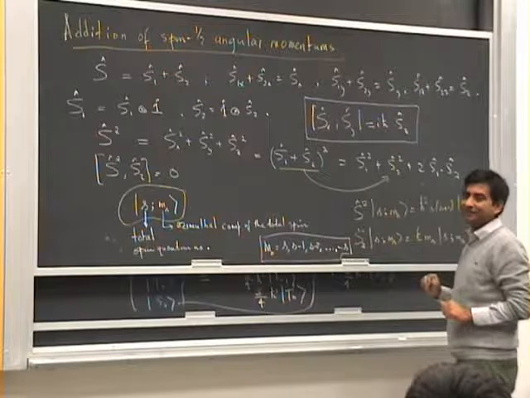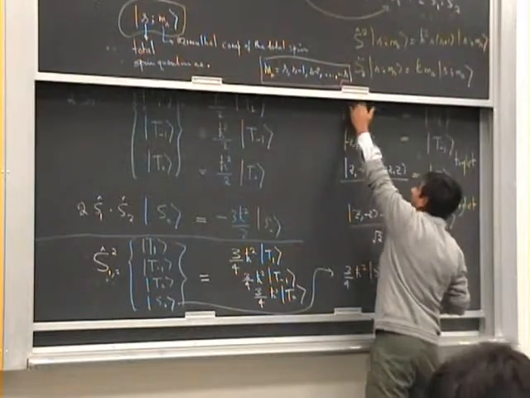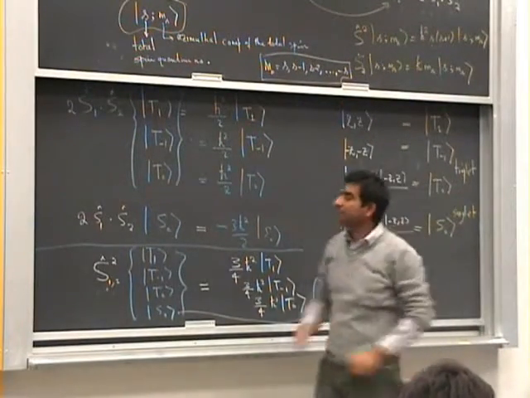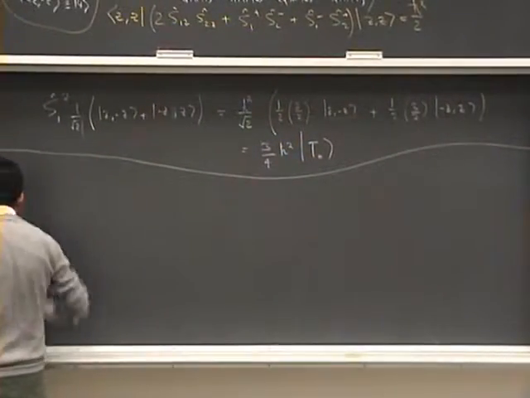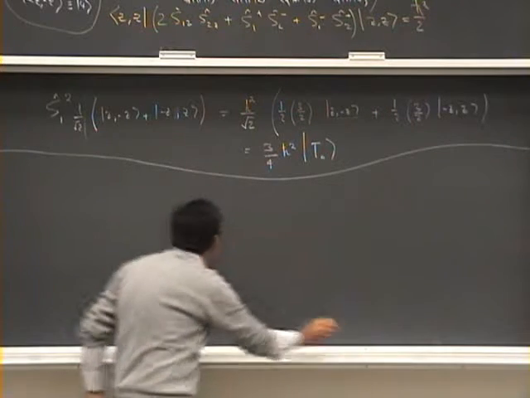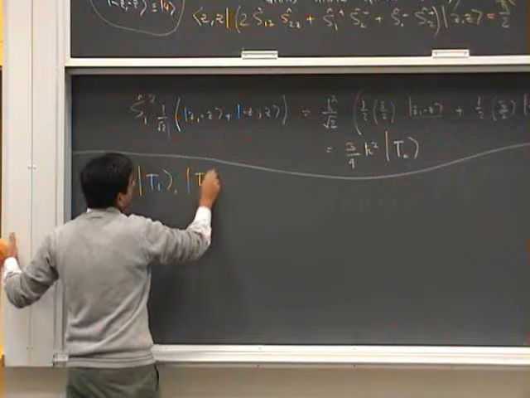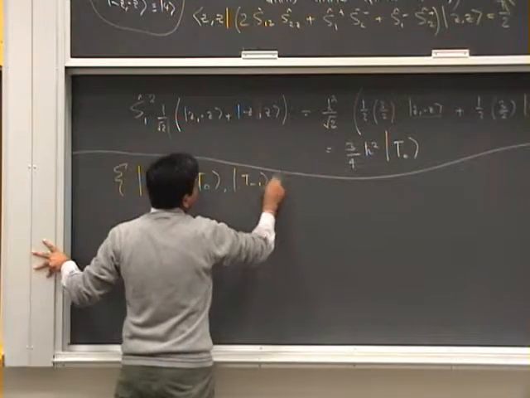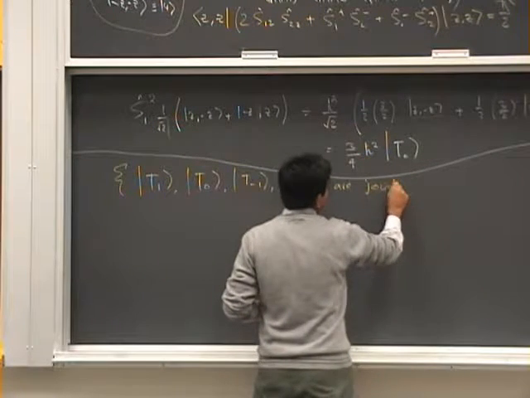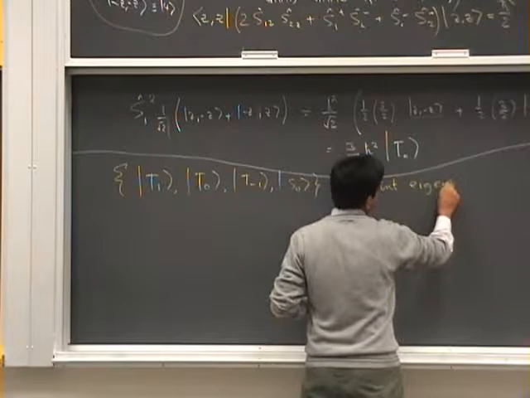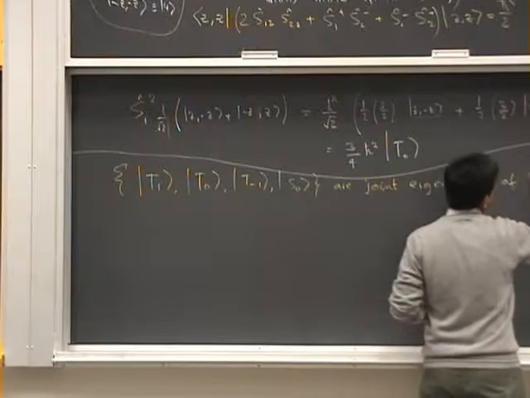So what does this mean? What we've established is that the major result is that the states which we've labeled as T1, T naught, T minus 1, S naught are joint eigenstates of S squared and Sz.